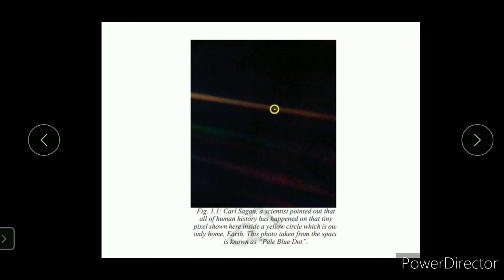That is the reason Carl Sagan, who is a scientist, called it a very small pixel in the universe, in which we are very, very minute, right? So this is the mystery of the pale blue dot.